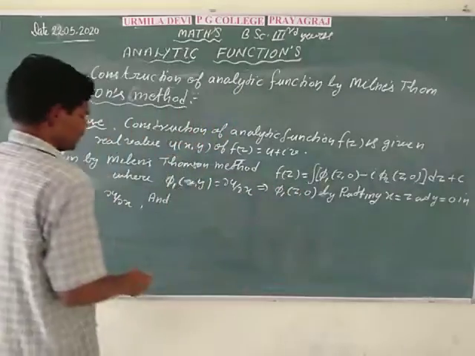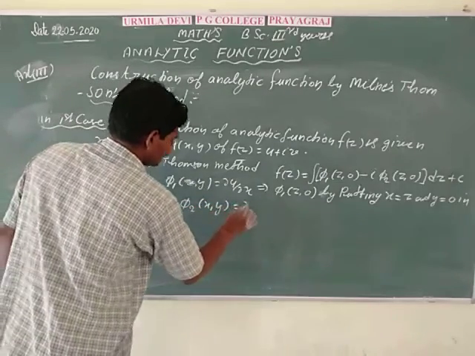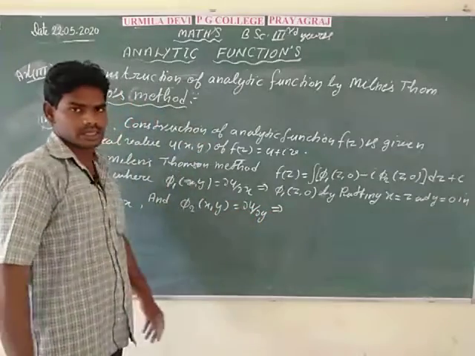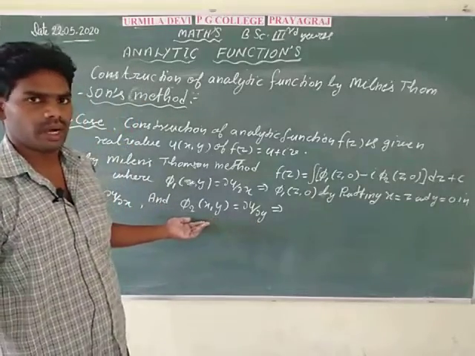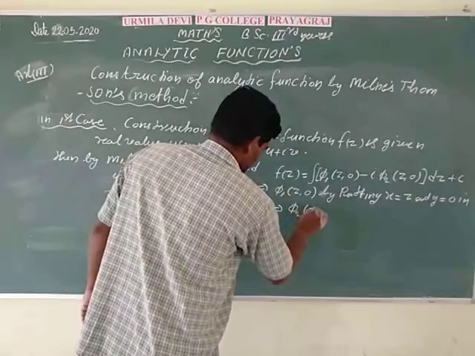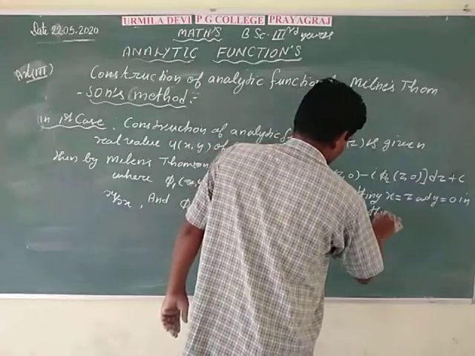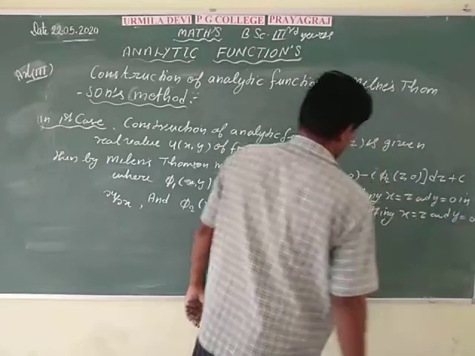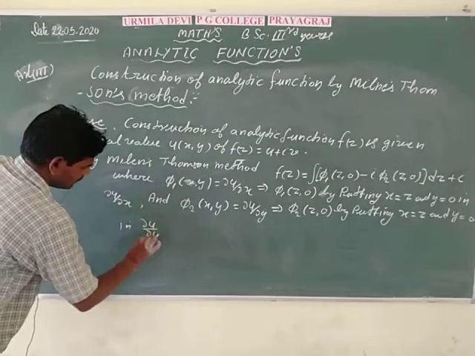Same as phi 2(x,y) is equal to del u by del y, means taking partial differentiation of given real value u with respect to y, which is denoted by phi 2 in variables x, y. It implies phi 2(z, 0) by putting x equal to z and y equal to 0 in del u by del y.